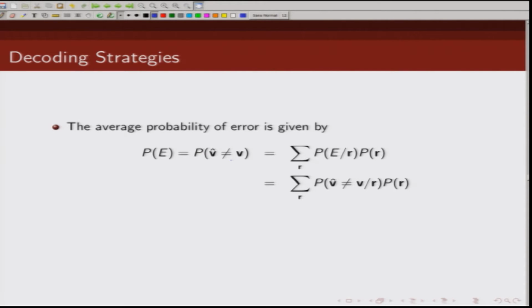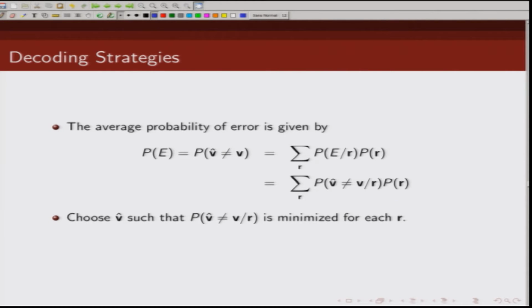This can be written as the probability of error given the receive sequence R, multiplied by the probability of the receive sequence R, summed over all possible receive sequences. And error is nothing but when v is not the same as v hat. So, I can write this equation in this particular form. If I want to minimize the probability of error, I will have to minimize this. So, my decoding rule should be such that this is minimized.